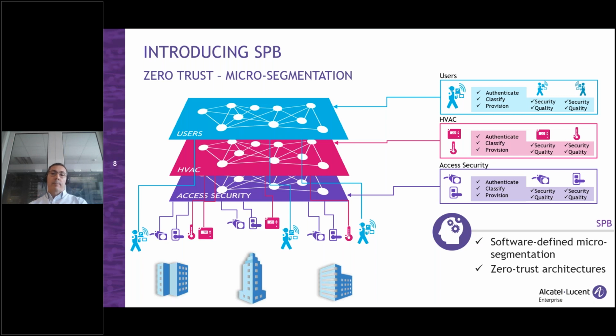But on top of that, SPB is natively integrated with network admission control such that the mapping of a user or a device to a VPN is automatic. It is dynamic and it's based on authentication and not static port or VLAN mappings. And just like the mapping of user or device to a VPN is dynamic, the mapping of security policies is dynamic and software defined too.